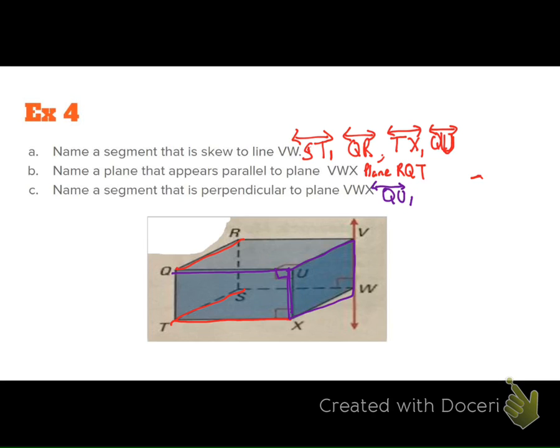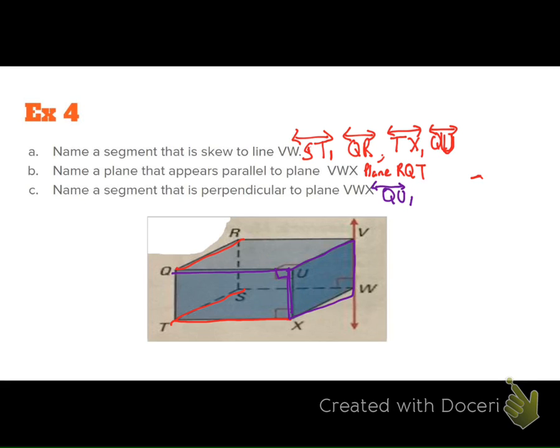Yeah, Raj? So TS? No, TR. So you're naming a parallel plane. So you only need 2 letters because we're just naming a segment. So just the segments that are going to run into it and form a right angle. So we only need just the 2 letters to across. Jaquan?